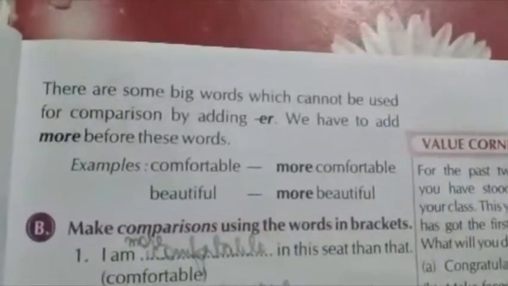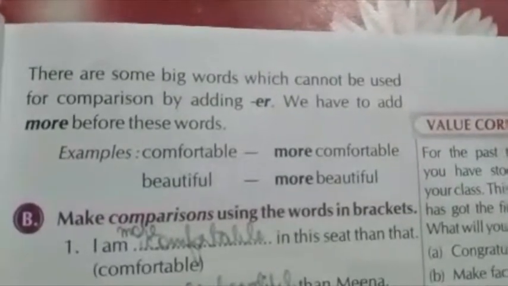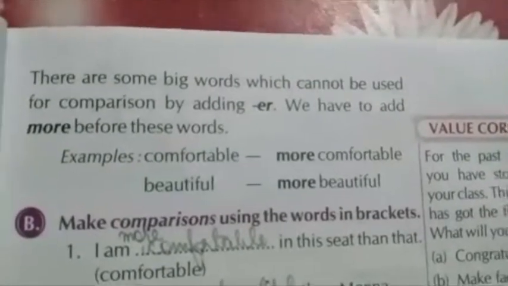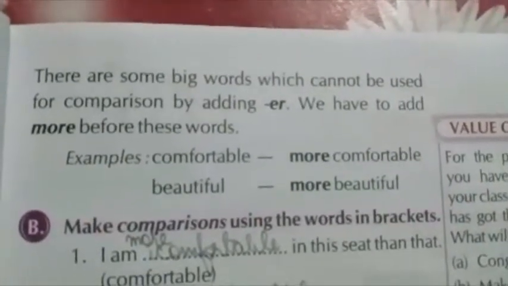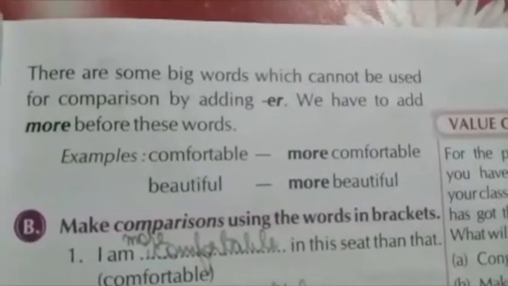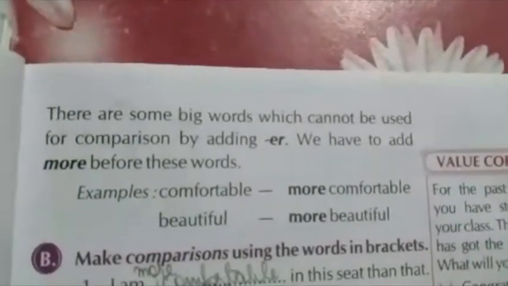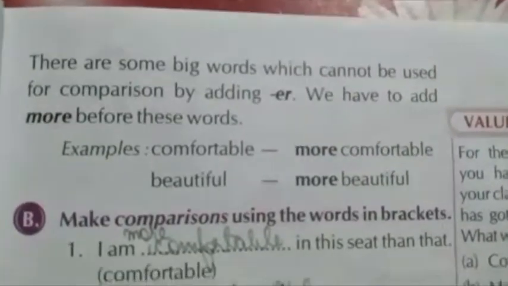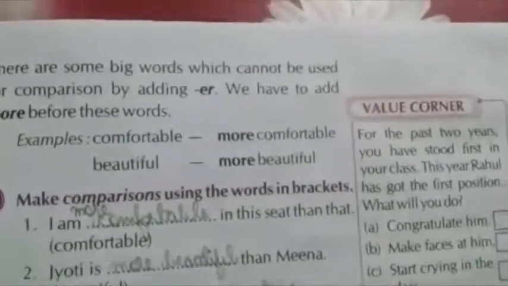So there are a few big words where we cannot use the er form of the adjective. In that case, we use more comfortable, more beautiful, more exciting, more interesting, more important. You understand?